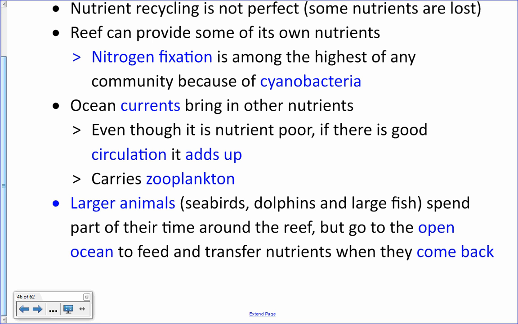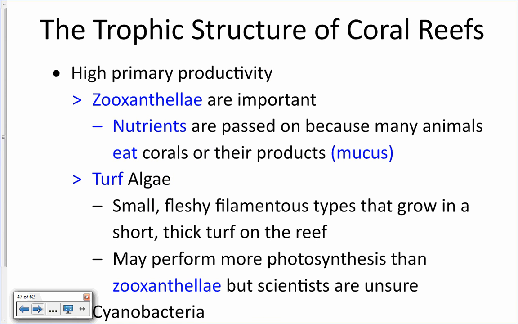Fish poop, larger animal poop, they can make some of their own, they recycle the nutrients, and currents bring some in, right? So all of those ways that they get nutrients add up. And so now you have lots of nutrients, lots of sunlight, and you can have high primary productivity. Does that make sense? Okay, so lots and lots of primary productivity.